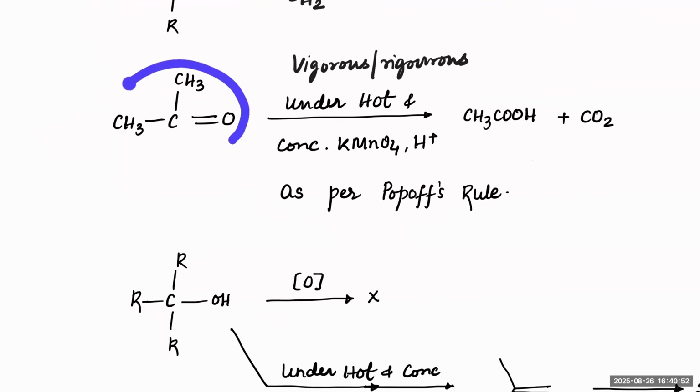See, if you have a ketone and you want to make an oxidation in this case, then there is no other alternative but to break the carbon-carbon bond. Now, what happens is when you take a rigorous condition like a very hot solution of KMnO4 or K2Cr2O7, then this ketone can be converted into an enol form. Okay, this can be converted into an enol form. This phenomenon is called tautomerism.